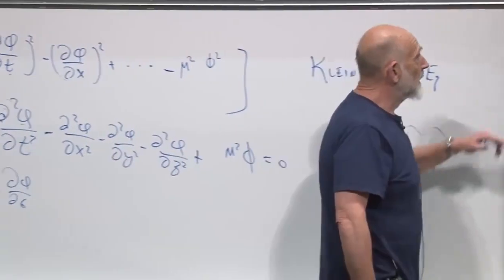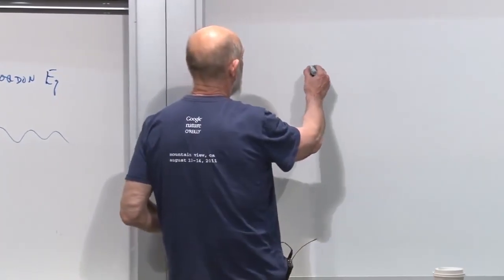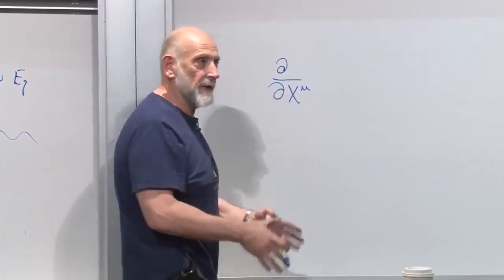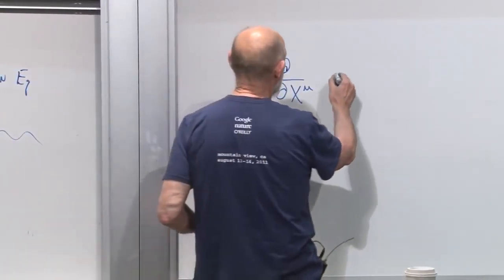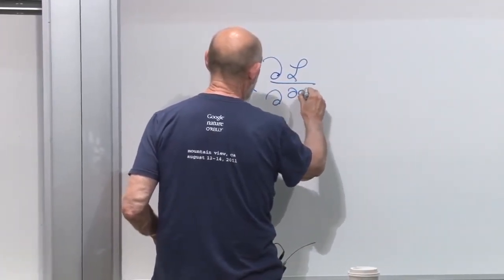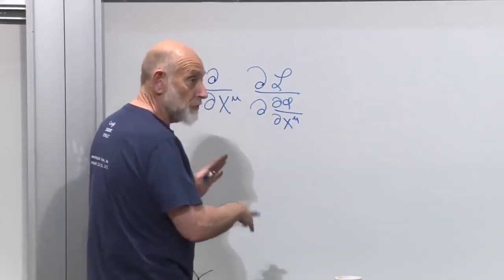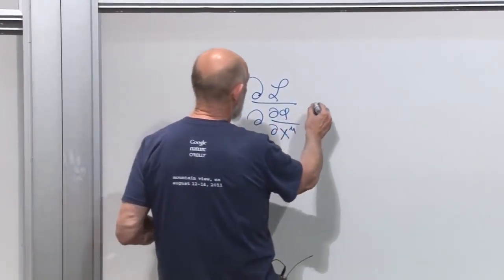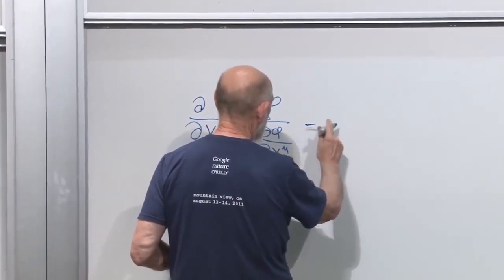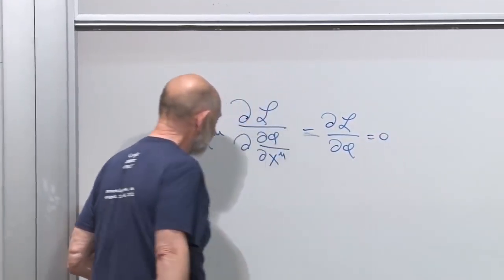Okay, let's write down the Euler-Lagrange equation for a field. D by dx mu of the partial of L with respect to d phi by dx mu, and that means sum over mu, minus the partial of L with respect to phi is equal to 0.